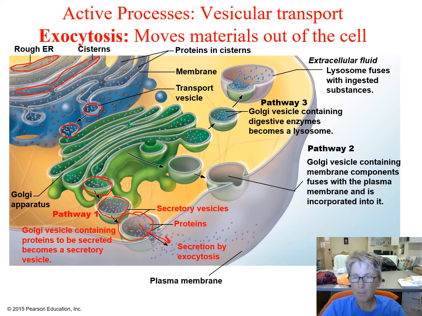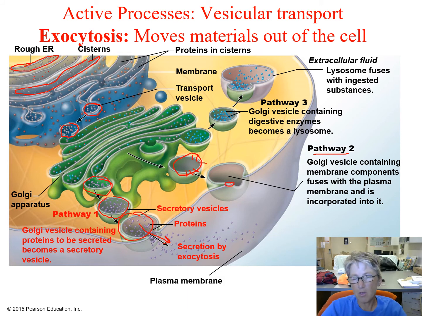The second pathway, remember the Golgi vesicle could be here. You could pinch it off, and really you're just making, it doesn't show it, but there could be proteins here sticking out of the Golgi, and those proteins, you don't want to exocytose them. You don't want to put them out into the interstitial fluid. You want to keep them in the plasma membrane.